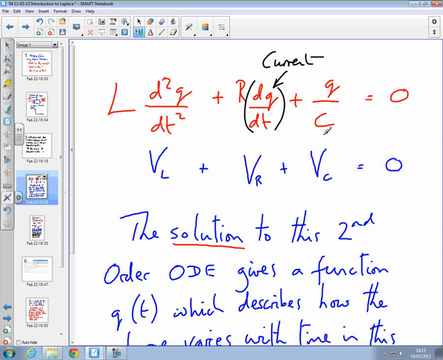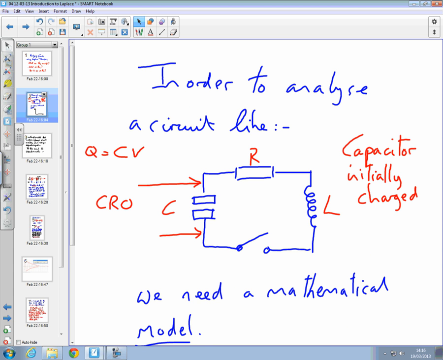Voltage across an inductor is given by L... Let's think about this. If the current was steady in this circuit, would there be an impedance due to the inductor?